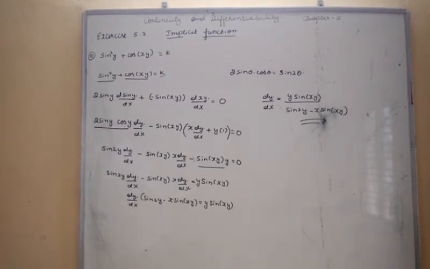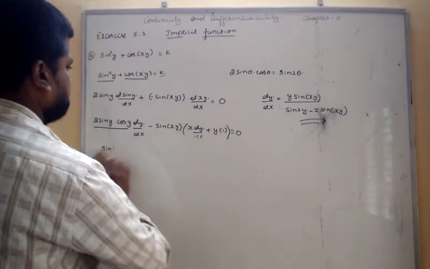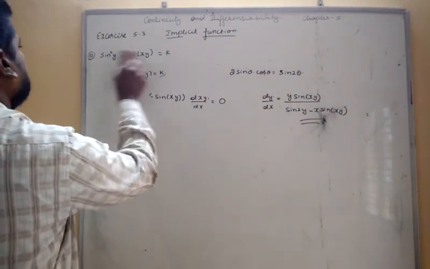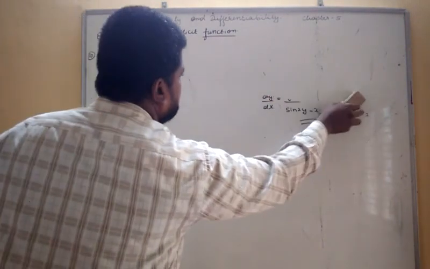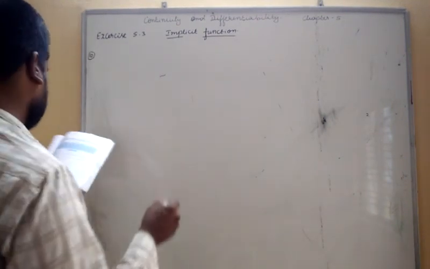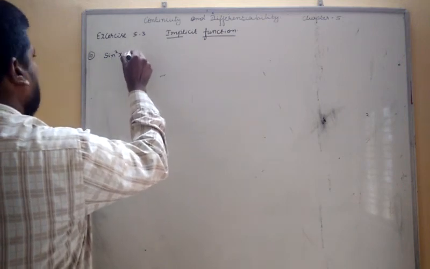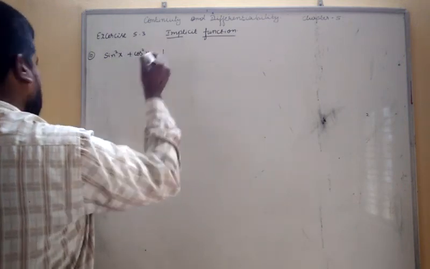Take down the next problem. sin squared x plus cos squared y is equal to 1.